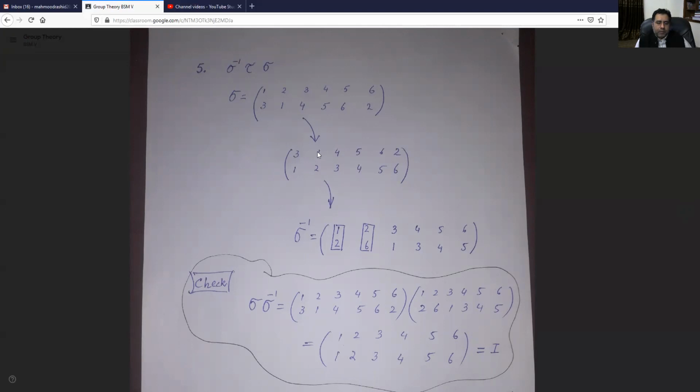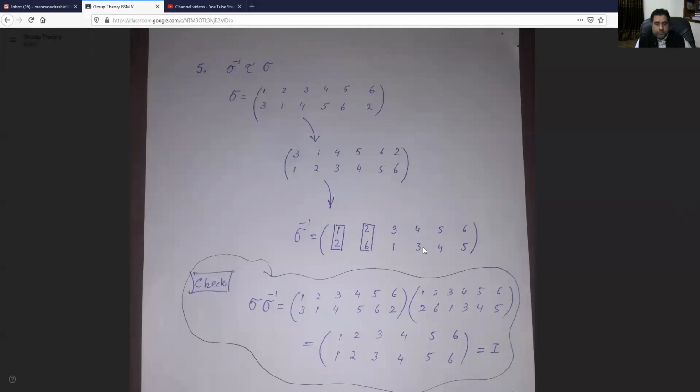First we will take this pair 1, 2 and set it at the first position. Then we will take 2 with the image 6 at the second position, and so forth. 3 with 1, then 4 with 3. So you have to arrange in this way 1, 2, 3, 4, 5, 6. So actually this is the inverse of the permutation sigma.